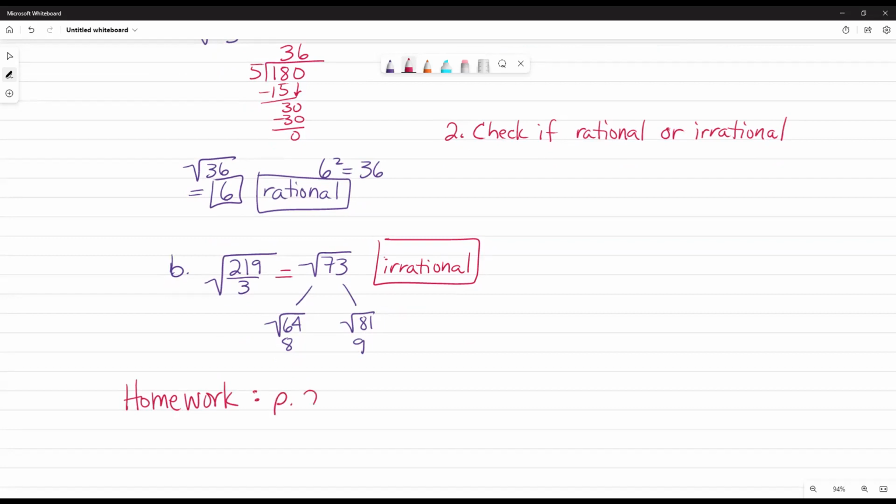So page 209, number 3 through 5. Let's see what I skipped here. Okay, let's just do 8 through 26 even. 3, 4, and 5 should be pretty simple.